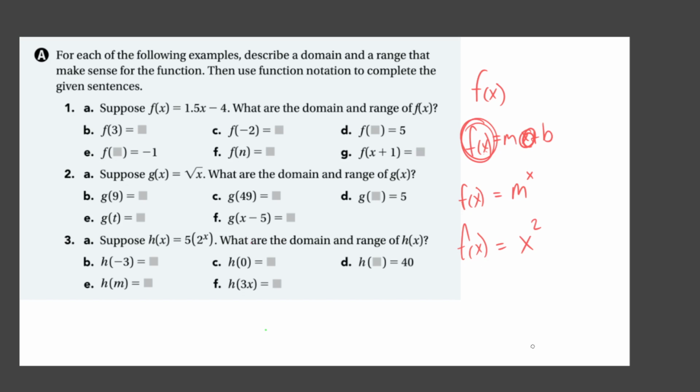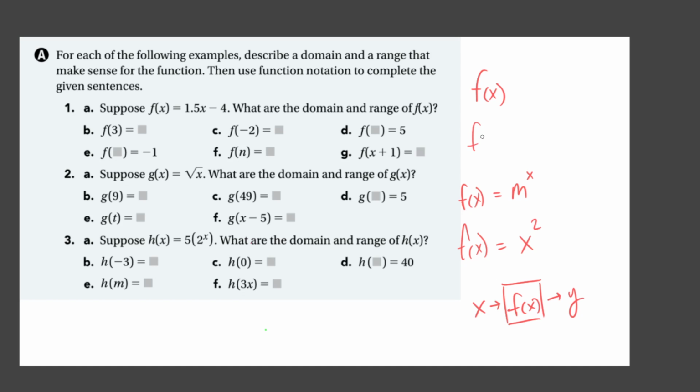Think of a function as a box or a machine, a special machine. You take x, which is your input, you put the x value into the machine, f of x, and then the machine gives you a y value. So in the case of, let's say, a linear equation, let me rewrite this real quick because I scribbled all over it.